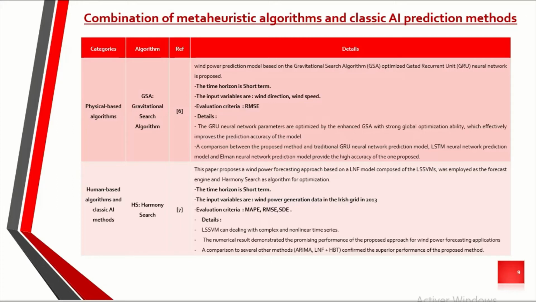And finally, we have harmony search from human-based algorithms. The paper proposed a wind power forecasting approach based on an LNF model composed of SVM employed as the forecast engine and harmony search as the optimization algorithm. The comparison to several other methods confirms the superior performance of the proposed method.